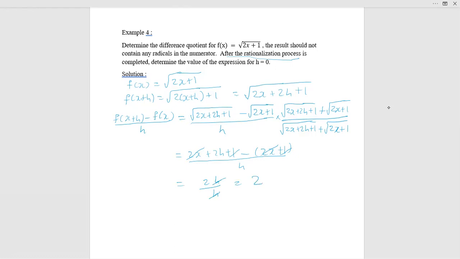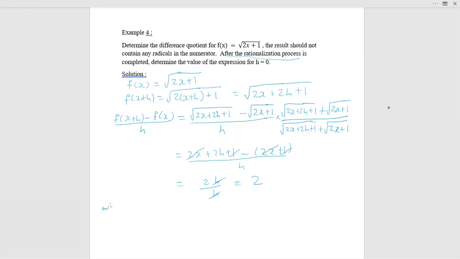Then it's asking us to determine the value of the expression as h approaches 0. When we substitute h equal to 0, since this expression is independent of h, it stays as 2. It stays as 2.